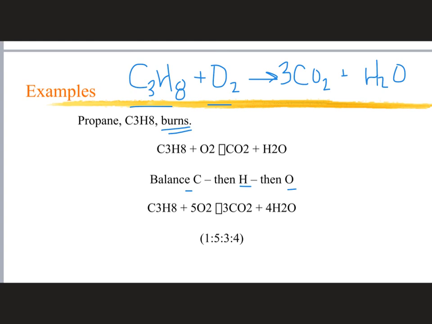There's 8 hydrogens on the left, so if they come in pairs on the right, I would need 4 waters. That gives me 4 oxygens from the water and 6 from the carbon dioxide for a total of 10 oxygens. Where they come in pairs on the left, I would need 5 pairs to get 10 oxygens. So C3H8 plus 5O2 yields 3 CO2 plus 4 H2O.